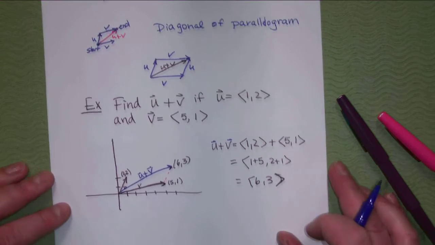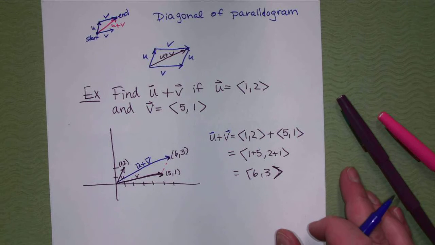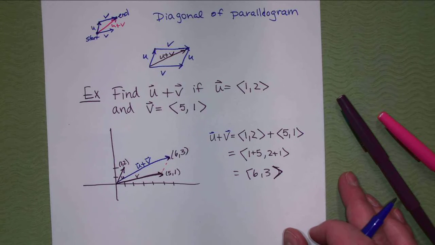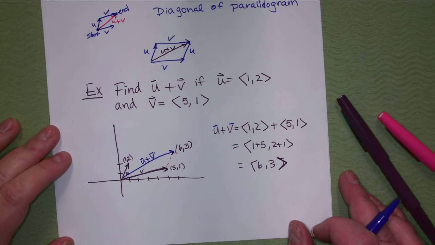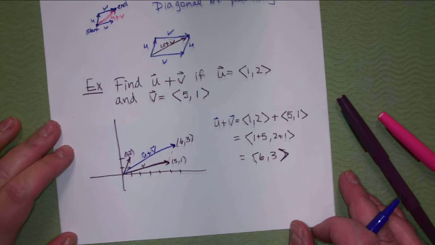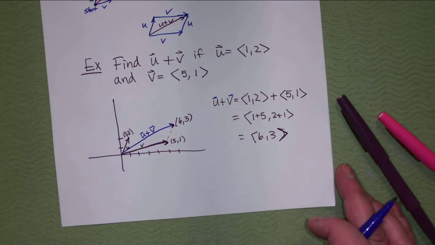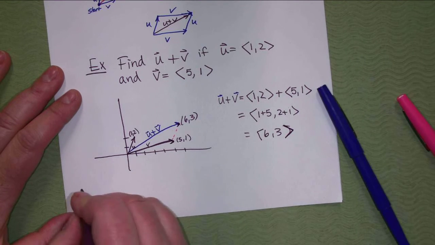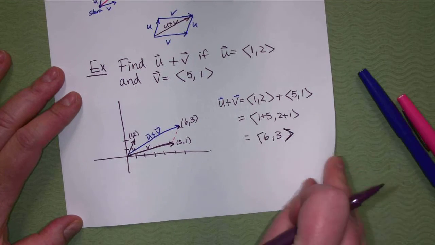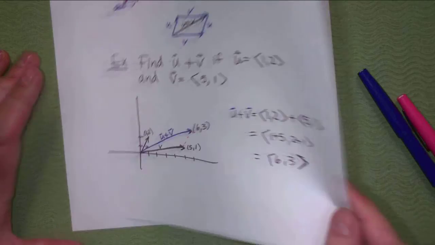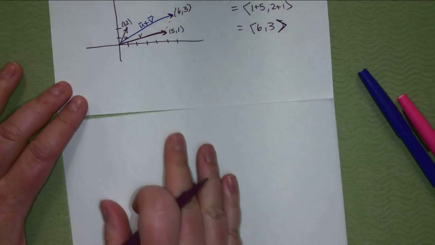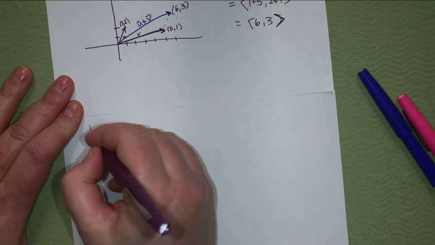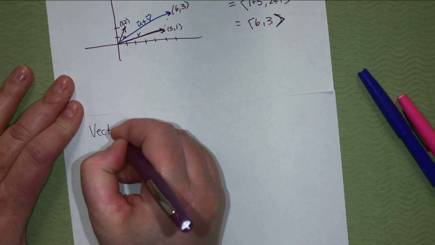What about subtraction? What do you think? Let's see if you can do it with the drawing without numbers. So, vector subtraction. Nowhere in any book will you see it called that, because it's actually addition of a negative.